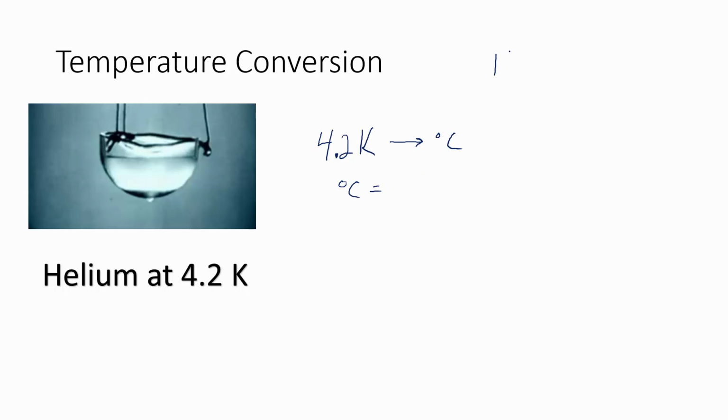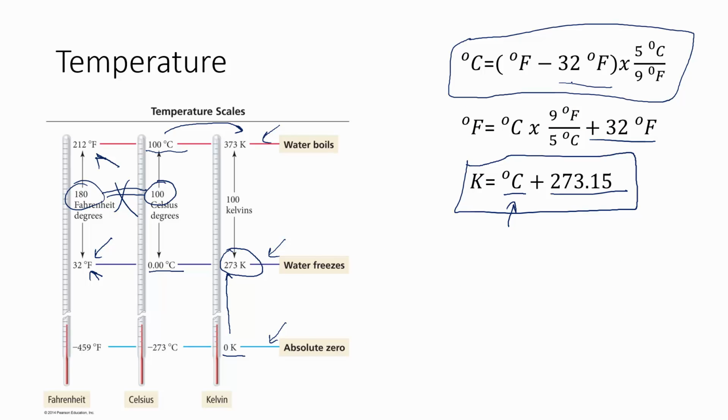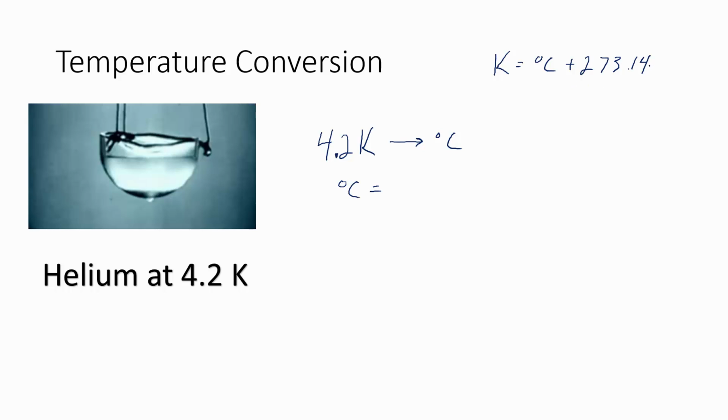If Kelvin equals the degrees Celsius plus 273.15, then degrees Celsius, if we rearrange this, is Kelvin minus 273.15.